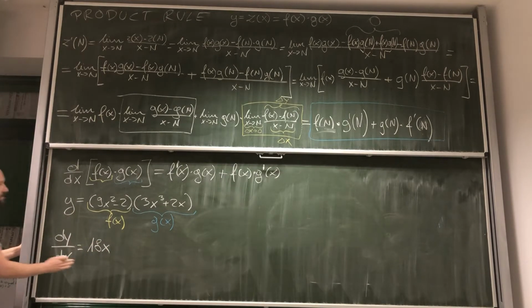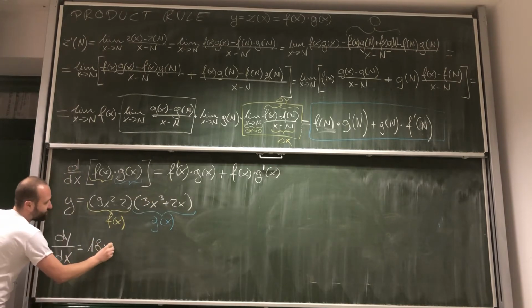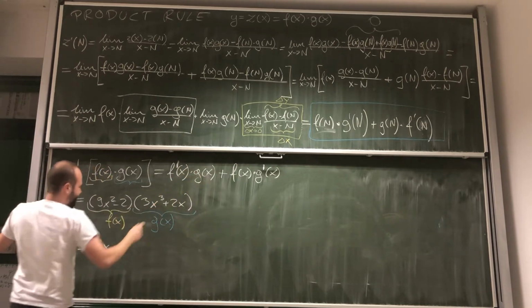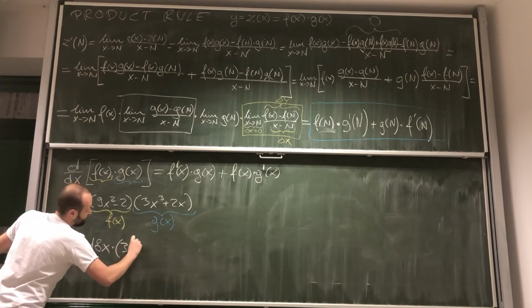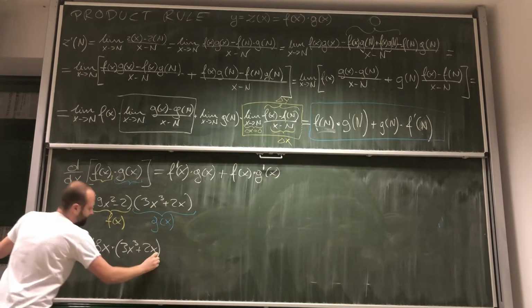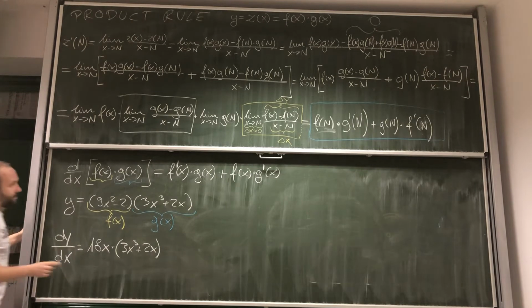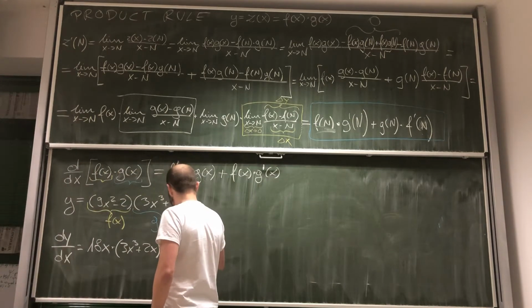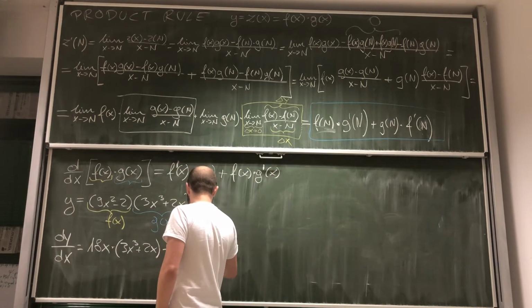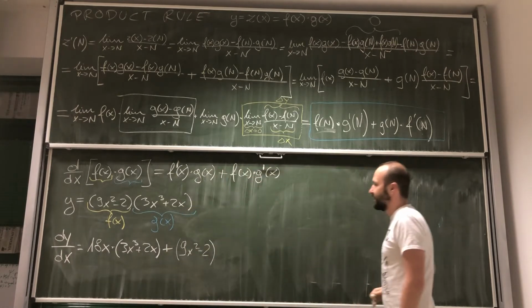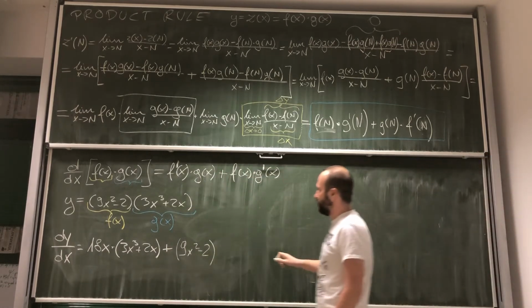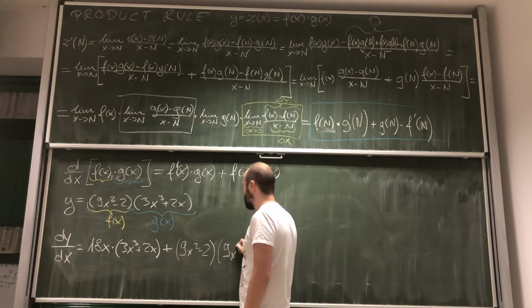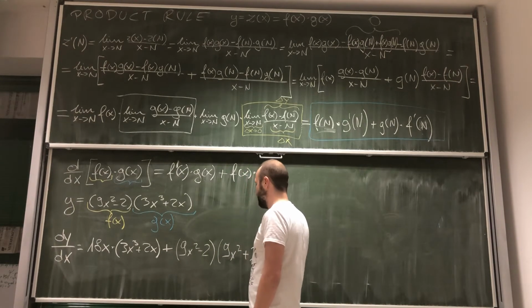And what should I do next? I should multiply it by the second function. Then I should add, and now we do the same but in opposite order. I leave the first function the way it was, so it's 9x squared minus 2, and I multiply it by the derivative of the second function, which is 9x squared plus 2.